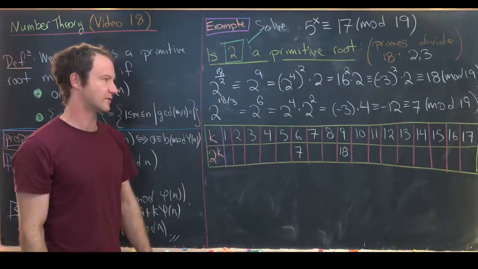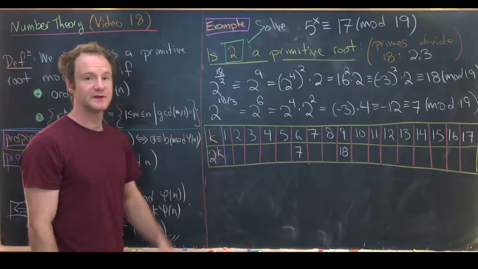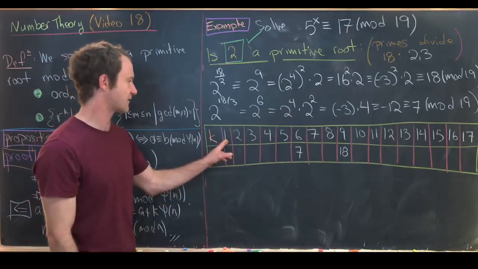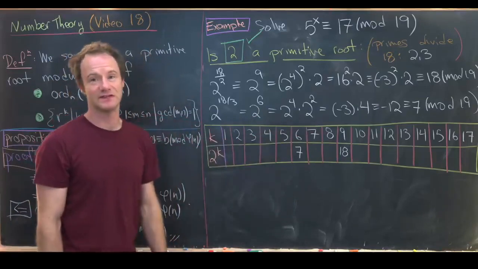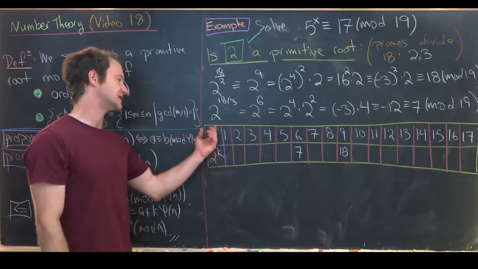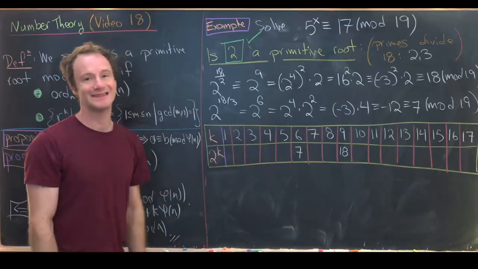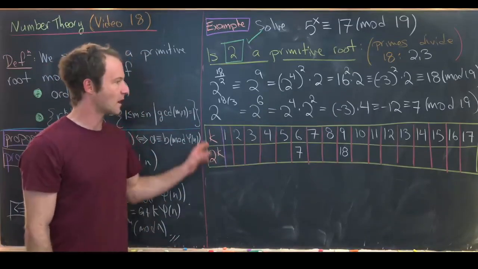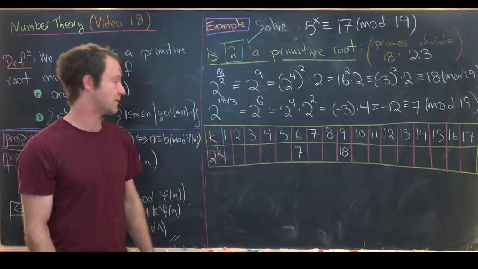Now we want to fill in the rest of this. And also notice, because of Fermat's theorem, I only need to work between values of k from 1 to 17. We know 2 to the 0 is 1 and 2 to the 18 is 1 as well, again by Fermat's theorem.